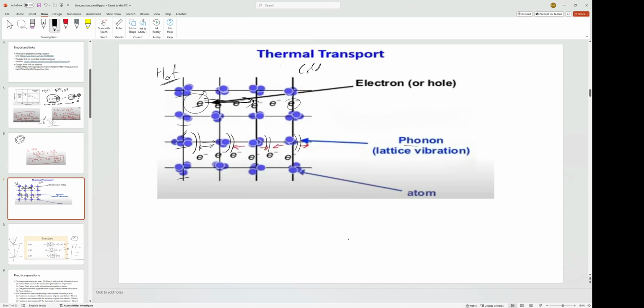I think there are two modes, optical and acoustic phonons. It just depends on how the vibration is happening. So a wave will be generated which will move forward. With this vibration wave, you're carrying thermal energy with it from the hot to the cold side.